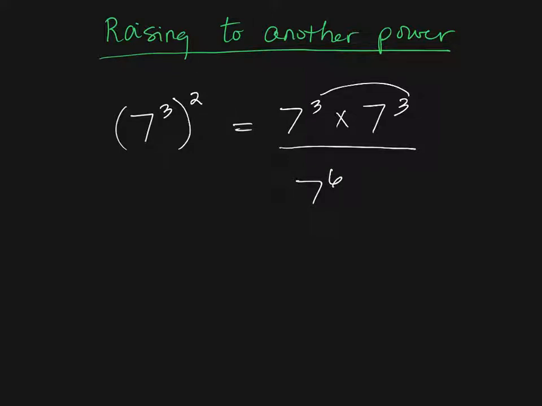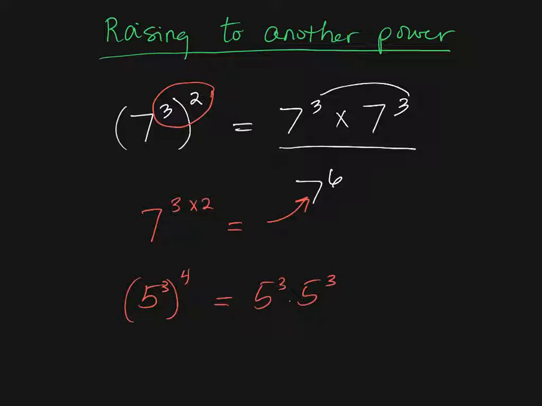So a shortcut there would actually just be to take these two exponents and multiply them together. So it could be 7 to the 3 times 2, which also is 7 to the 6th. So another example would be if you had 5 to the third raised to the 4th, that would be 5 to the third 4 times.